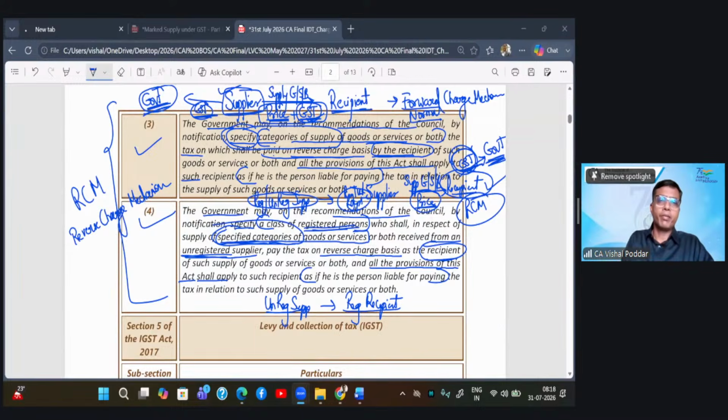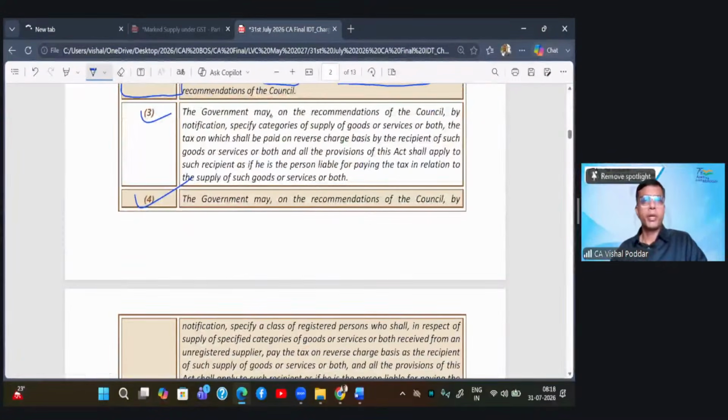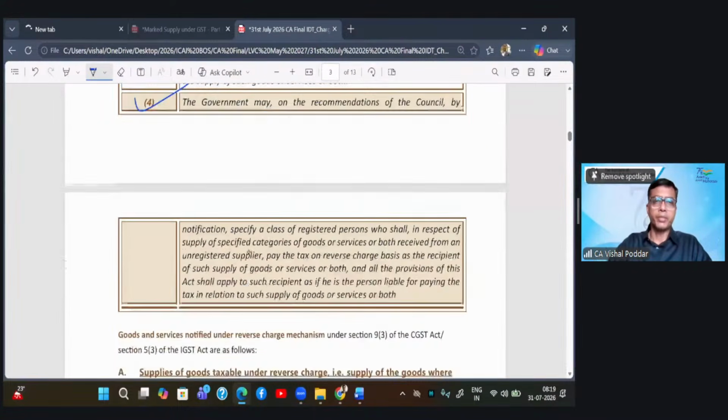Same thing you will find in 5(3) and 5(4), no difference at all. The government may, on recommendation of the council, again specify the category of supply where the tax has to be paid under reverse charge, that is by the recipient. And again, all provisions of this act will apply to the recipient as if the recipient is the person liable for paying the tax. So this wording is exactly the same, sections 5(3) and 9(3) are copy paste.